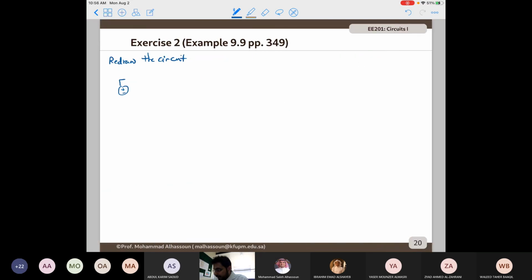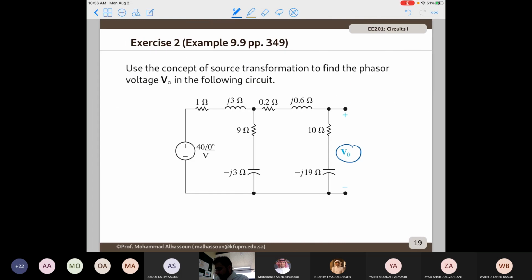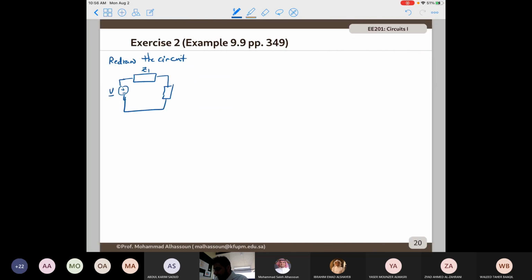So 1 plus J3, you can write it as Z1, impedance 1. 9 minus J3 is impedance 2.